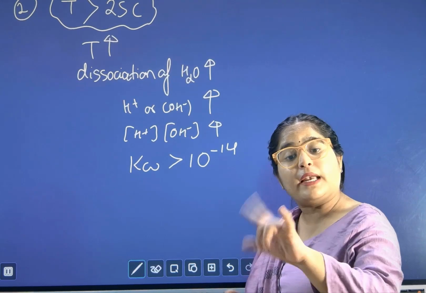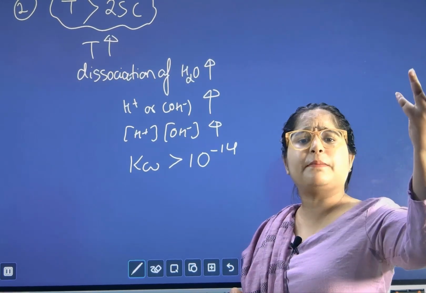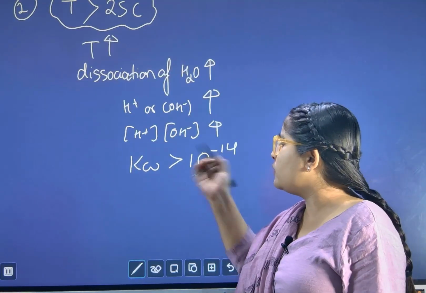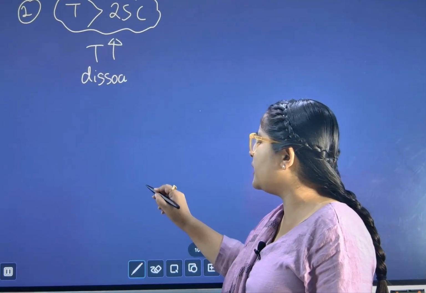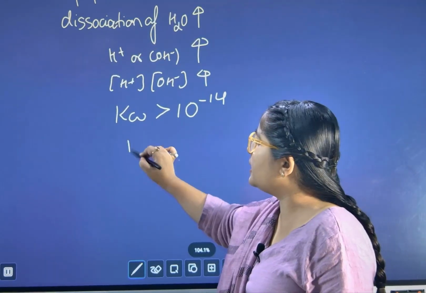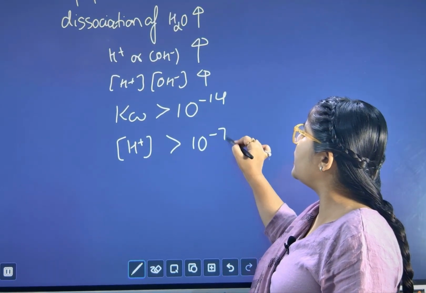Why? Because at 25 degrees centigrade, Kw was 10 to the power minus 14. So at temperature more than 25, Kw will be more than 10 to the power minus 14. If Kw is more, H+ will also be more than 10 to the power minus 7.